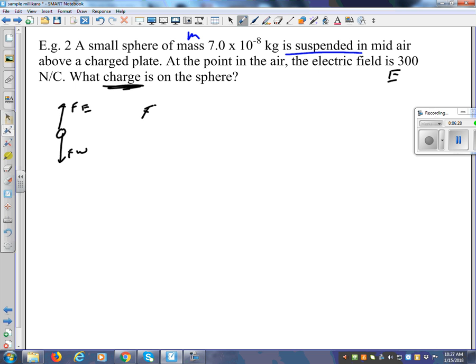Okay, let's find our weight force. Mass times gravity. 7.0 times 10 to the minus 8 times minus 9.8. 6.86 times 10 to the minus 7.